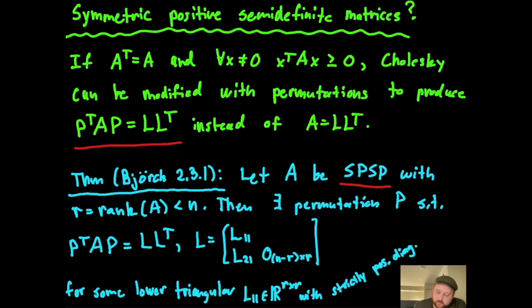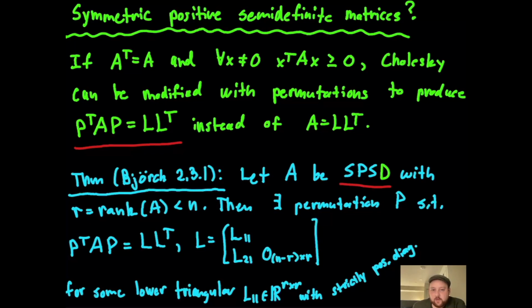What the theorem says is, let A be, so here I'm using SPS. Sorry, this should be an SPSD, symmetric positive semi-definite. So I'm going to let A be symmetric positive semi-definite with the rank of A being this quantity R, and I'm assuming that it's less than n. So I'm basically assuming that A does not have full rank, which means that it does have at least a couple 0 eigenvalues.